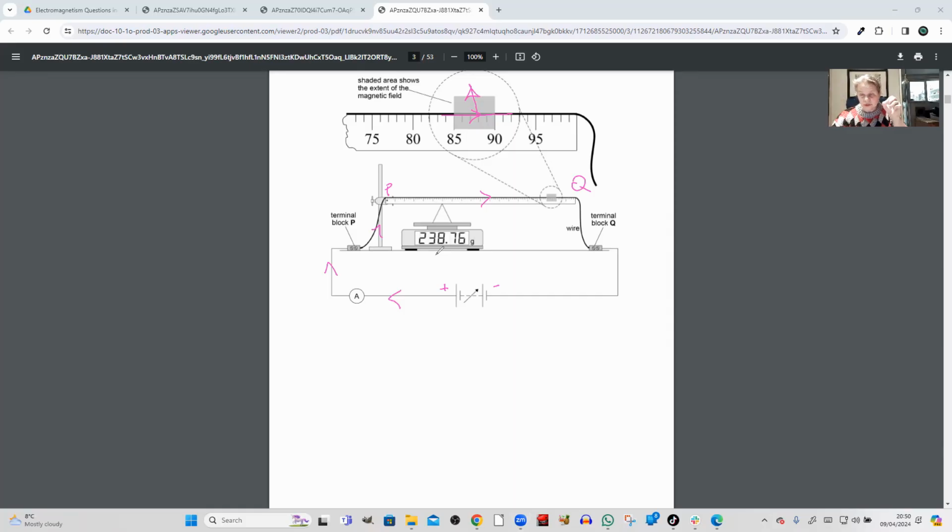It wasn't touching the balance at all. So an upward force on the wire provides an equal and opposite force on something else, which happens to be the magnets and the yoke. So it's not got to do with the fact that there's a yoke. It's got to do with the fact that the magnets were on the balance.